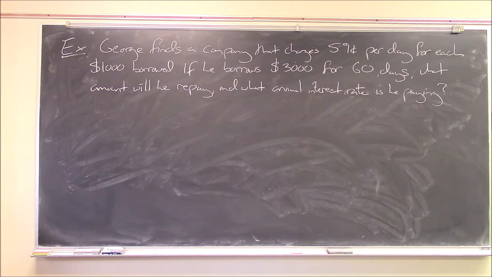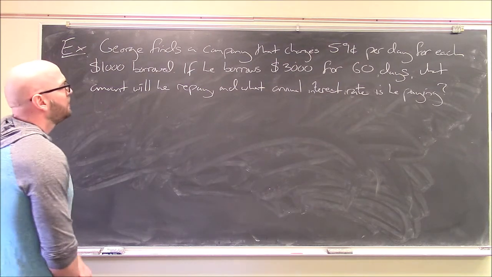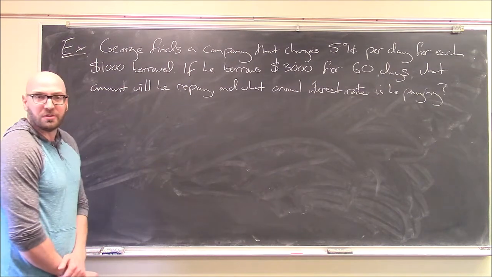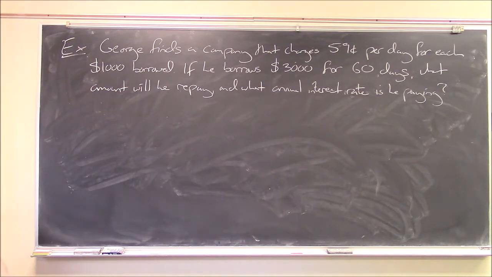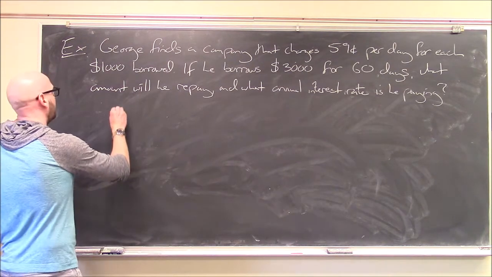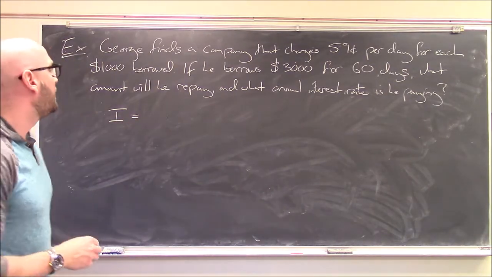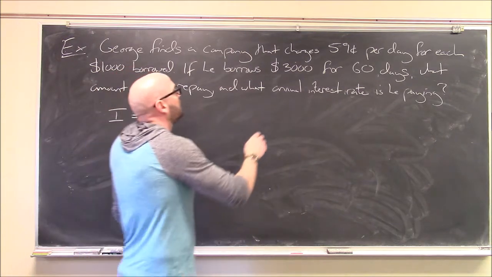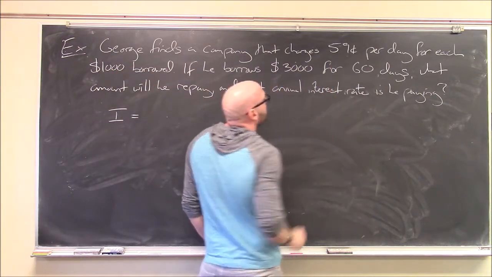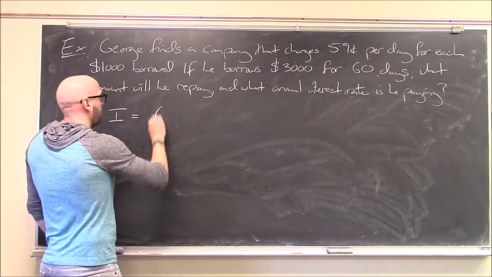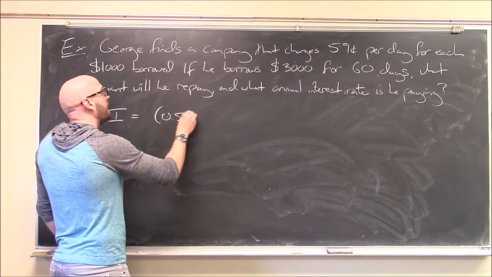So what's he going to repay? Well, let's figure out what the actual interest here is. What is he paying? He borrows $3,000, so he's paying 59 cents per day. So 59 cents is $0.59.